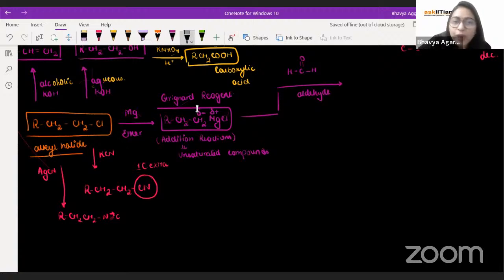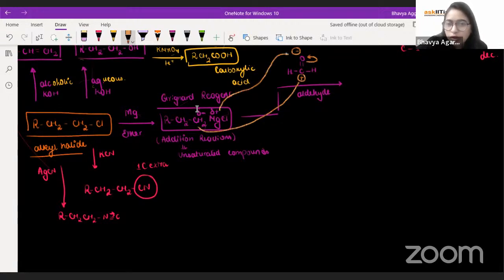And I can think about its electromeric effect. This is the negative part, this is the positive part, and I know opposites attract. So this negative will go here, this positive part will go here.